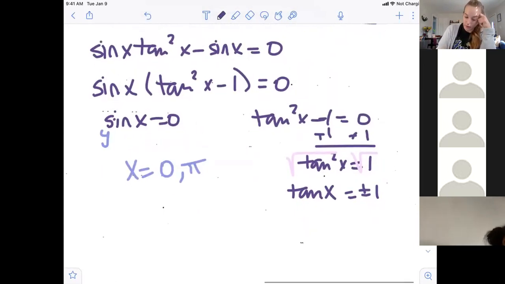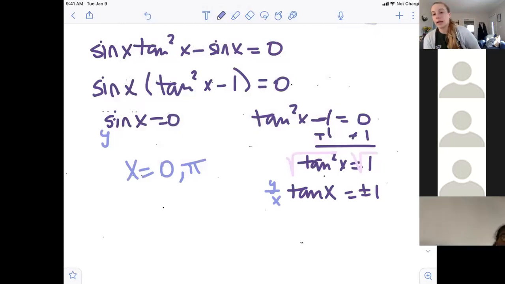Okay, so now where's my tangent, or my y over x, equal to 1? A lot of us want to think that that's just your x or your y, so you're trying to go to one of the coordinate angles. However, in order for tangent, which is y divided by x, to equal 1, I need the same thing on top that I have on bottom.